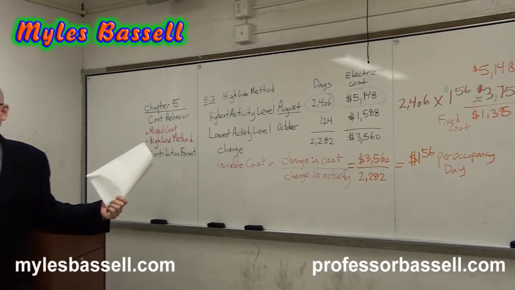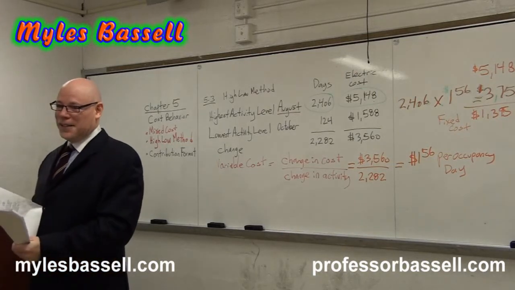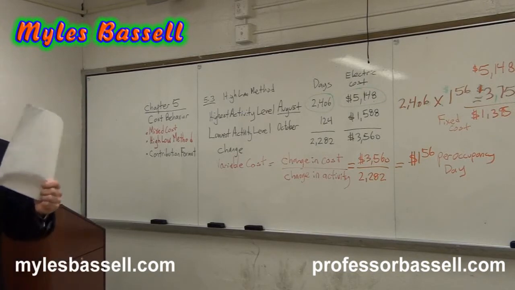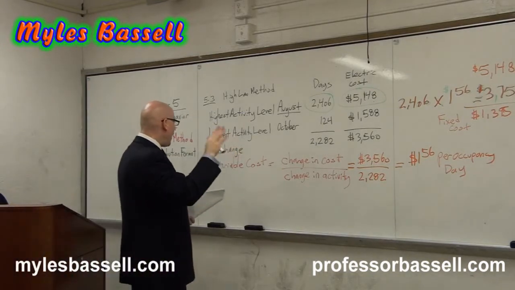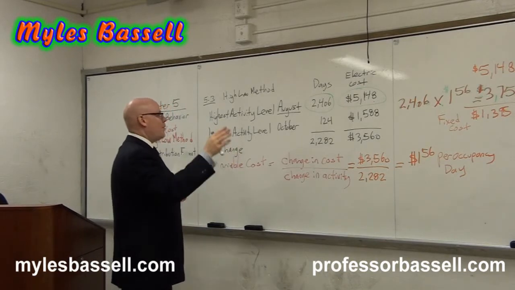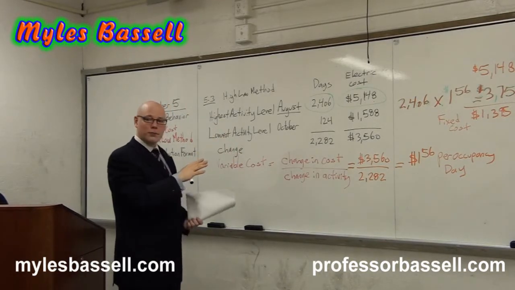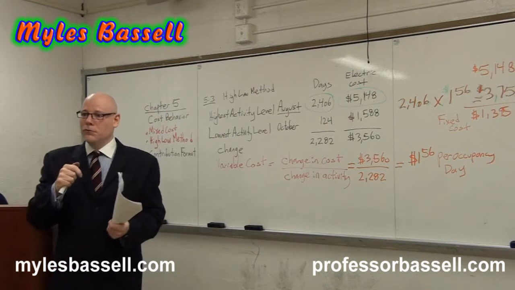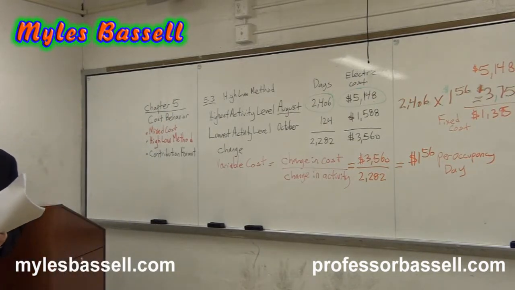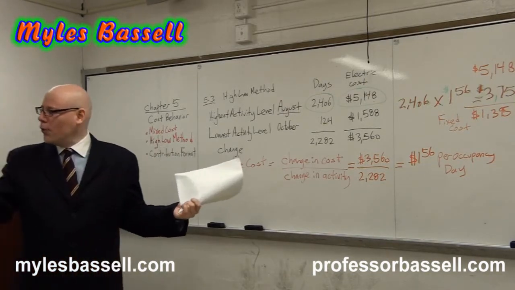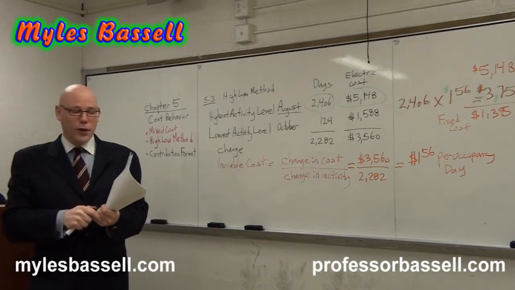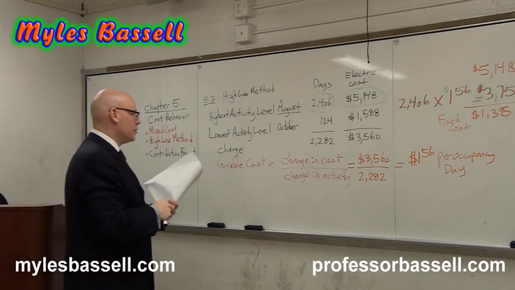So we said, well, how do we get a handle on this? This is crazy. So we said, wait a minute, let's try this approach. Let's look at the highest activity level and the lowest activity level. Well, I understood all of that, but you're just going to take that as the total cost because it was the highest? Right. Okay. So that's like the worst case scenario so far, based on what we know in this business.